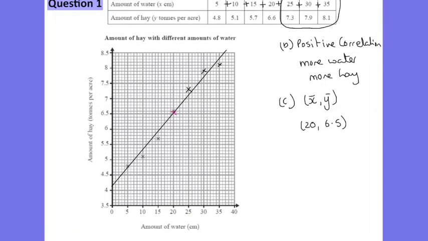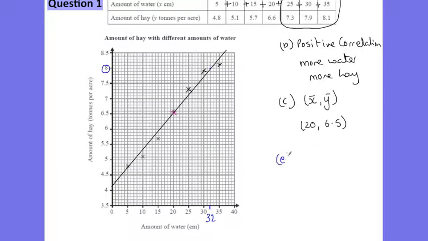So first off, we're asked to estimate the amount of hay grown when 32 centimetres of water is applied. 32 centimetres is here. 32 centimetres up and across is going to give us a value of 8. We can see here, at this point here, touches the line and across 8.